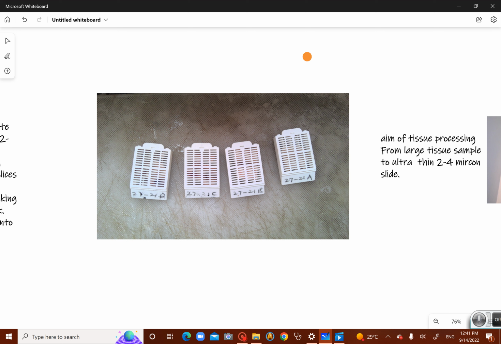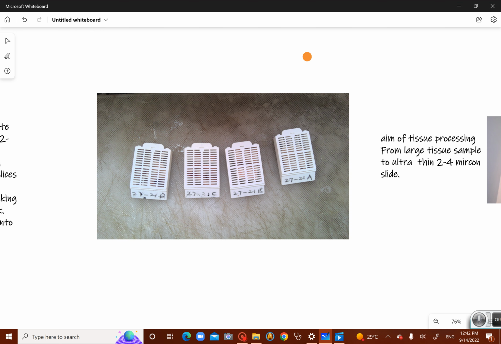In the grossing, we had looked at the gross structure of the organs which were submitted in the lab, and we had taken biopsy from the suspicious part of the specimen, and small pieces were kept in these different cassettes, and they are all labeled with the patient's file name and with the location of the tissues taken from there. So from here the tissue processing will begin.